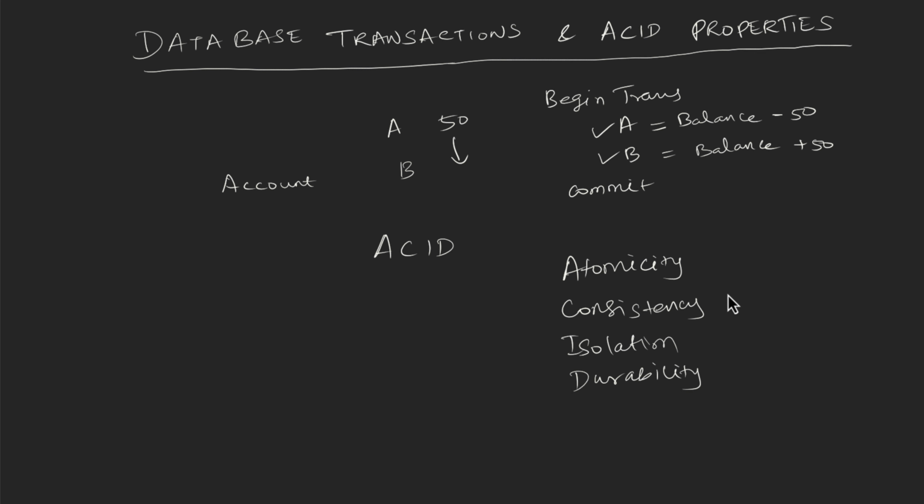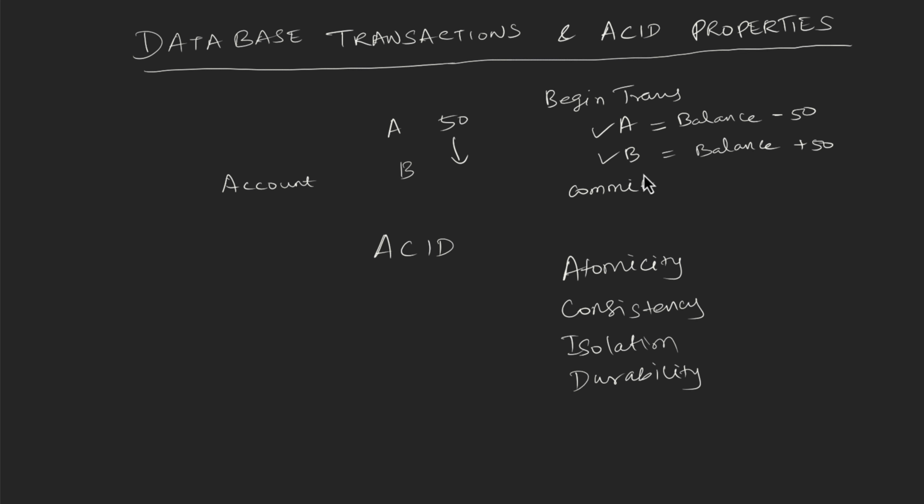And consistency means the data in the database will always be in a consistent state. This is very similar to atomicity, but the focus here is on the consistency of the data. When we talk about consistency of the data, we're talking about data integrity constraints like foreign keys, unique keys, and all those constraints being maintained before and after the transaction.